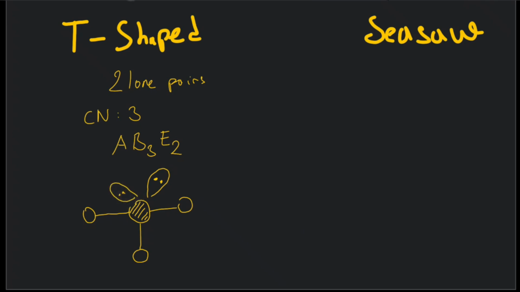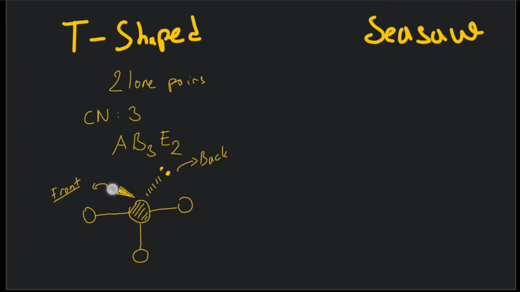So instead of drawing like this, so this is the T shape, I want to draw the lone pairs by using a little bit of organic chemistry notation, okay? So this is in the back and this is in the front position.